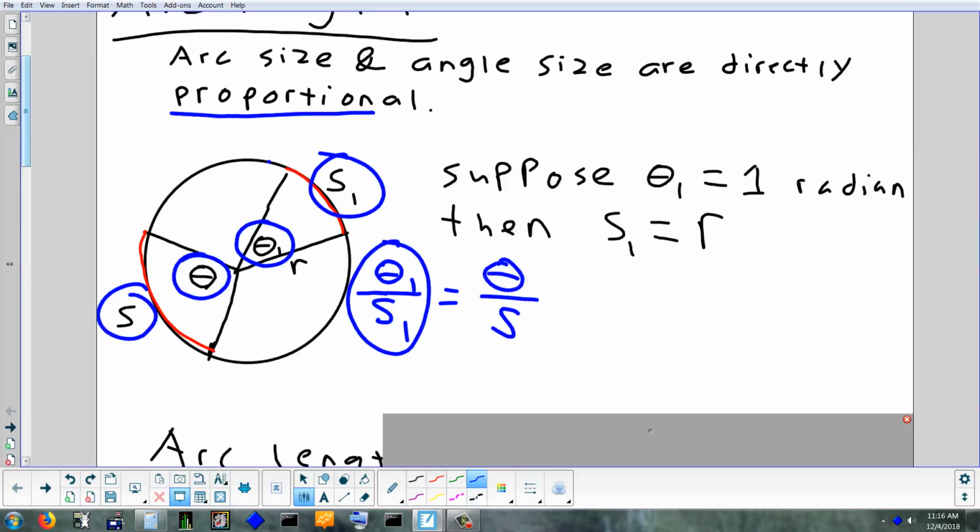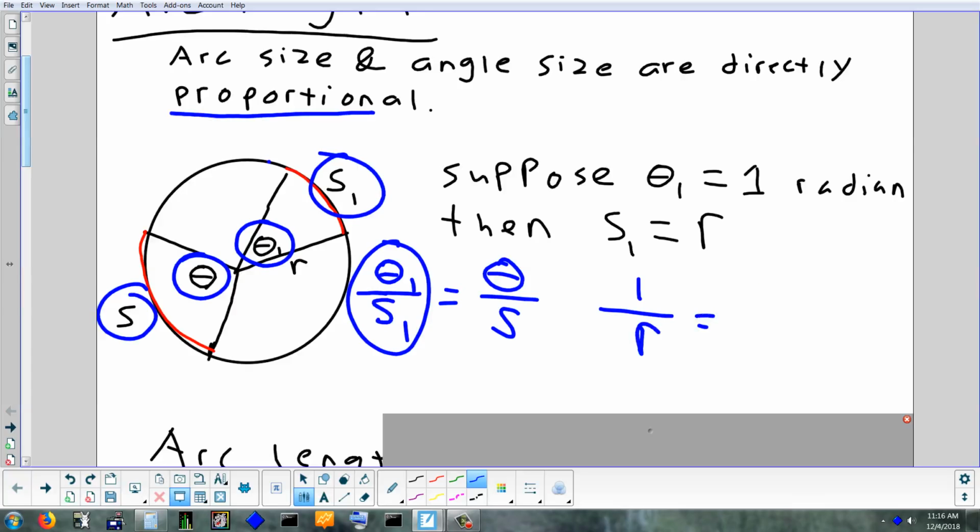So we're going to let theta 1 be 1 radian, and that would automatically make S1 equal to r. So anytime you make an angle of 1 radian, you've automatically made the arc the same size as the radius. Why? Same reason why there's 1 foot and 12 inches. It's the way it works.